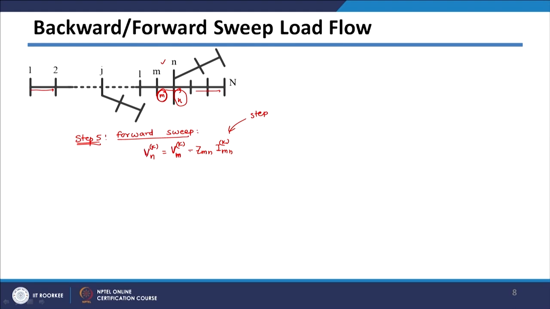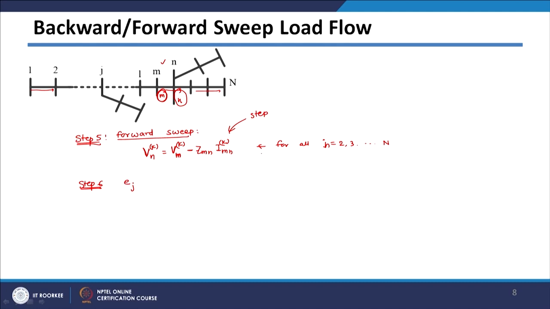So, this is how we can get the voltages at each bus using the forward sweep, and then in step 6 we are calculating error. So, error at any jth bus. This will be repeated for all j, or all n's going from 2, 3 up to n.